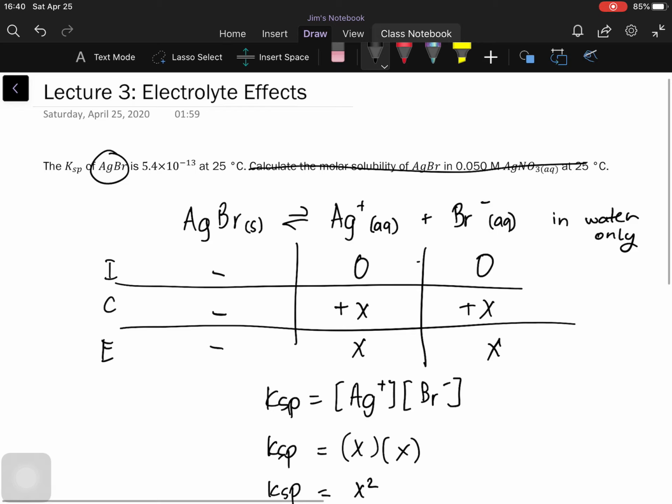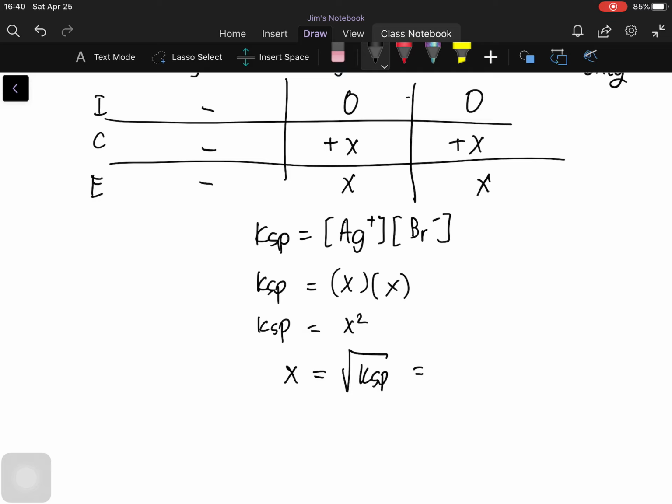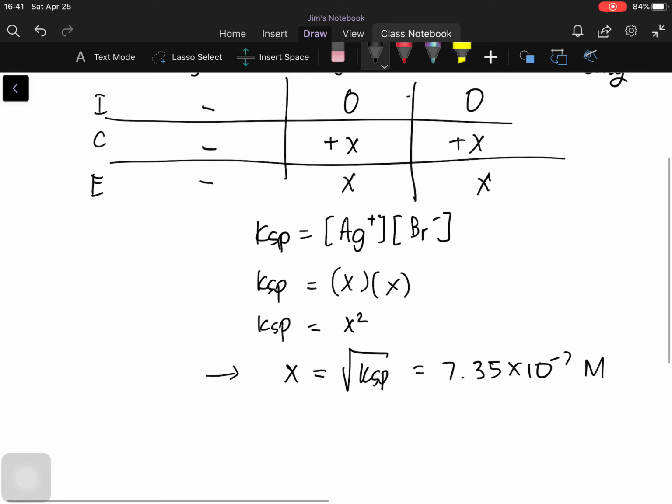The molar solubility of silver bromide in pure water is around 7.348. Let's round it off: 7.35 times 10 raised to negative 7 molar. So this is the molar solubility in water.